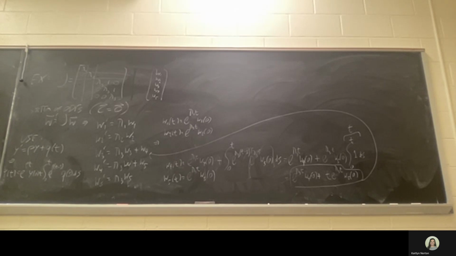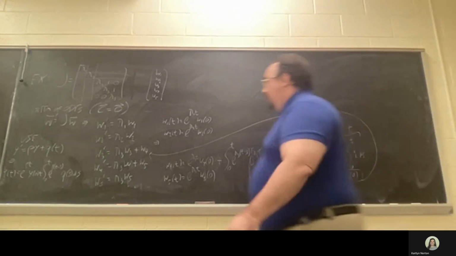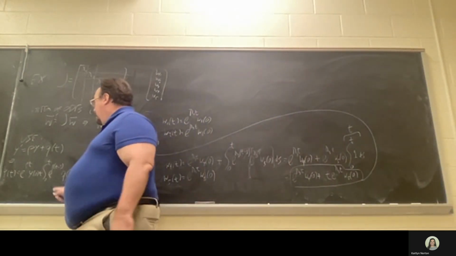Okay, so we did that for w4 of t, and that replaces the source term there. But what would be the difference if we just used the y prime equals py plus p of t form and did not do that?